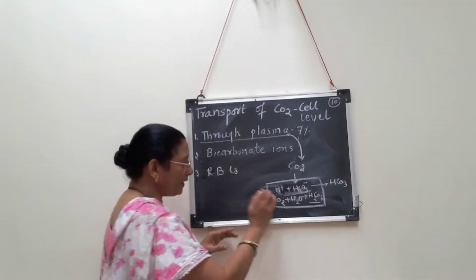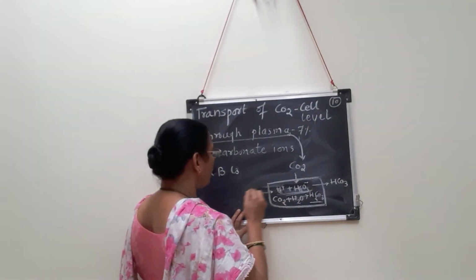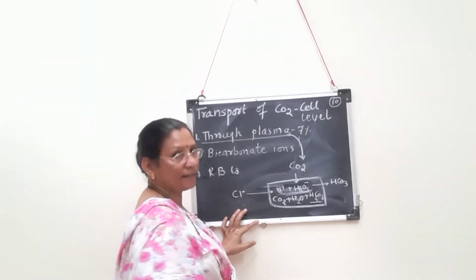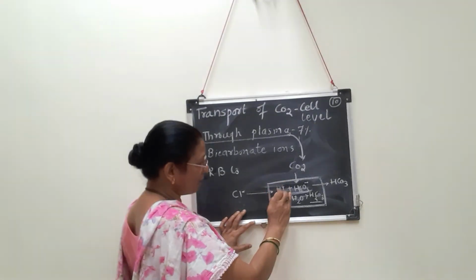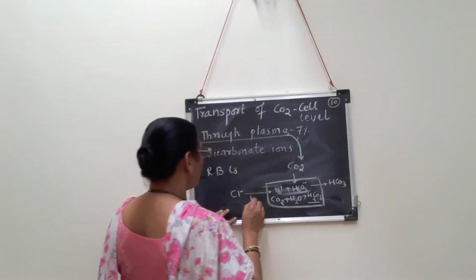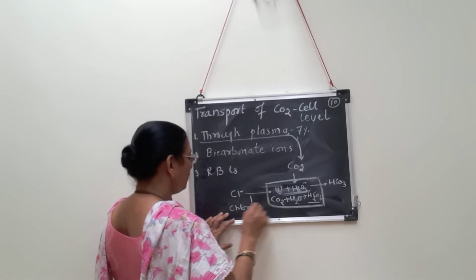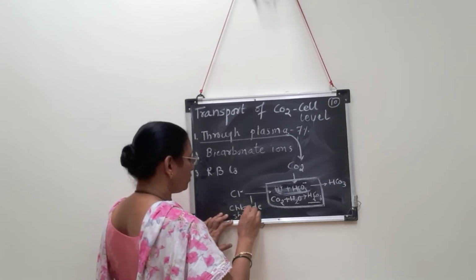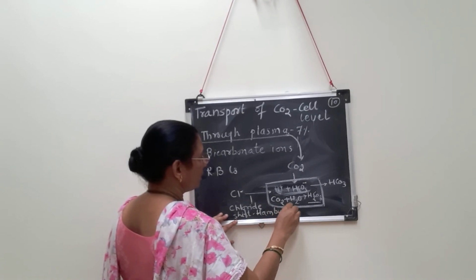In order to balance the increasing amount of H plus inside the RBCs, Cl minus ions enter from plasma. This entry of Cl minus ions inside the RBCs, in order to maintain the balance, is called chloride shift. The chloride shift is also called Hamburger's effect.